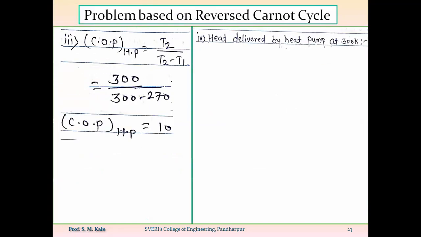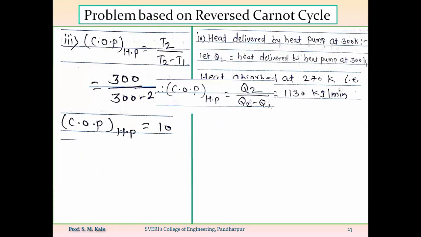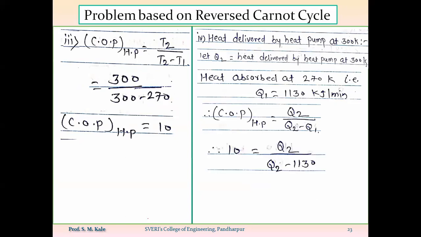And lastly, heat rejected. Q2 is equal to work done plus Q1. Otherwise, you can also solve it by another way, so you can solve by both methods.